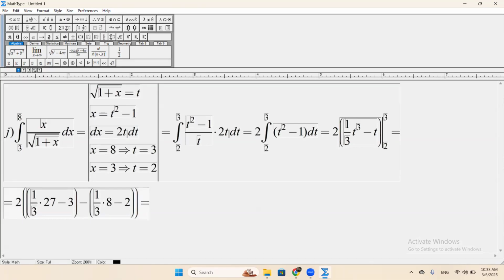So 9 minus 3 is 6, minus 8 over 3, and plus 2. So we have 16 minus 16 over 3. And finally, we will receive 32 over 3. So any questions about this exercise?